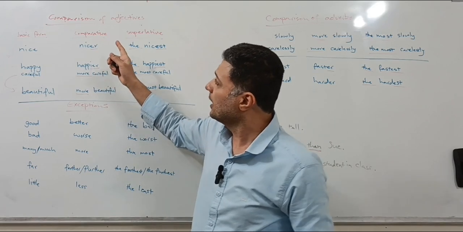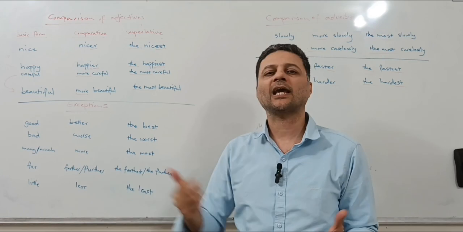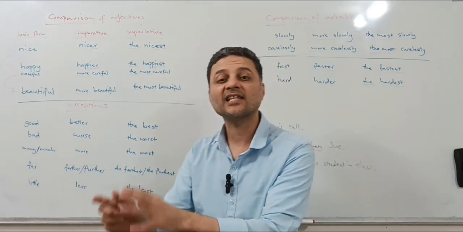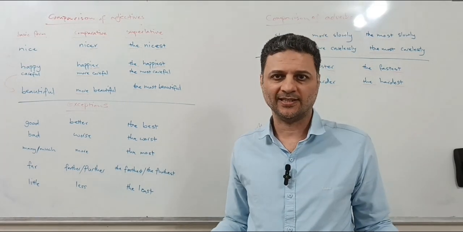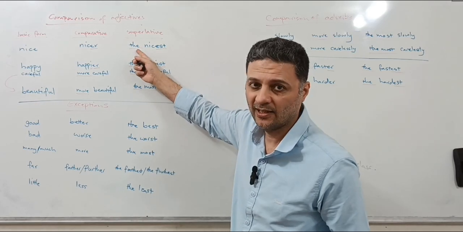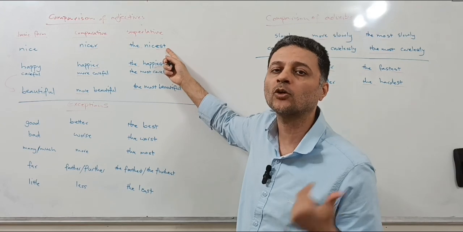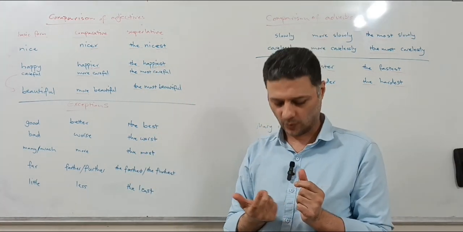And when we compare more than two cameras, meaning three cars, for example, this car is the fastest car on the street. You add the to the beginning of the adjective and then est to the end of it, or st to the end of it, depending on whether that adjective ends in e itself, okay?